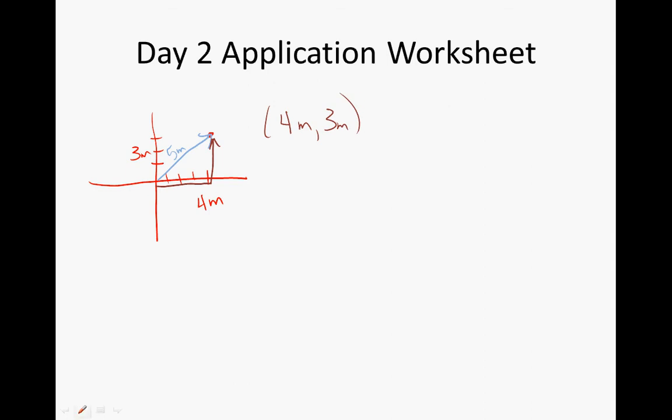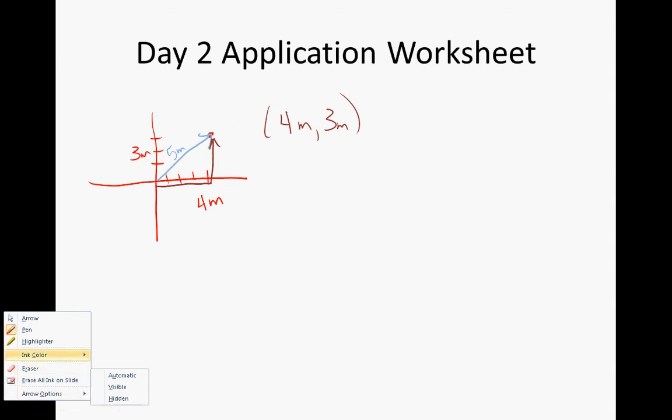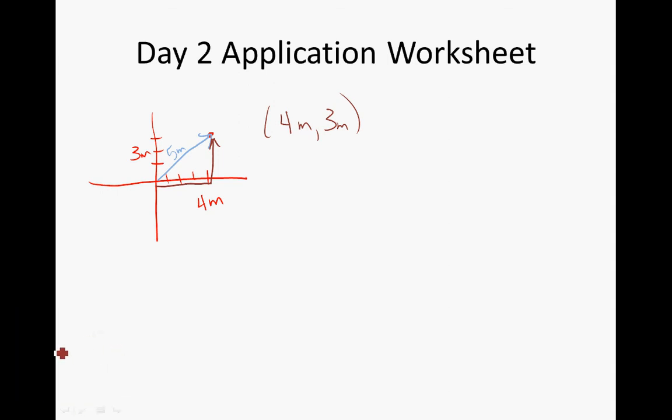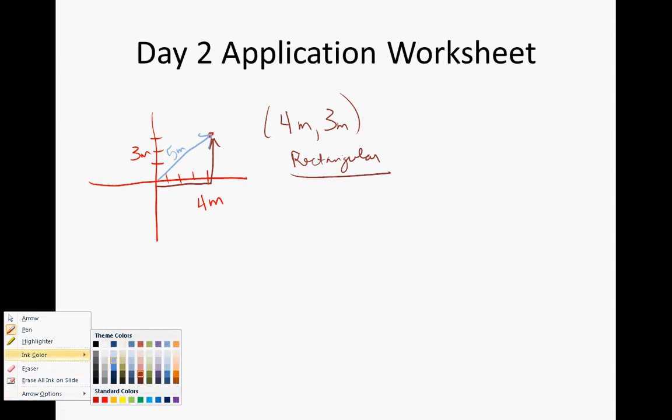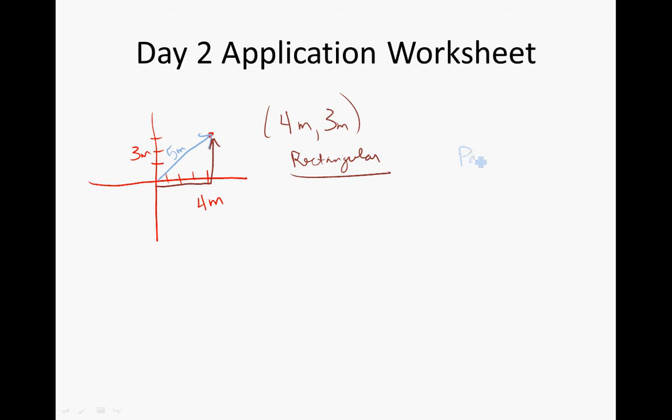I can use x and y coordinates, 4 meters positive for x, 3 meters positive for y, or I could express this in terms of what's called rectangular coordinates. This one right here is rectangular coordinates. Rectangular coordinates have x and y coordinates. Or I could express this in terms of what's called polar coordinates.